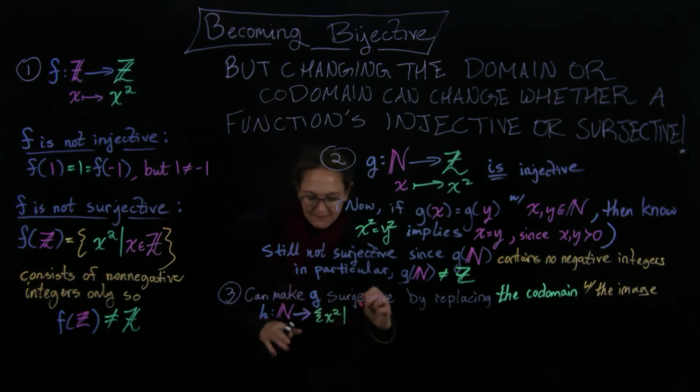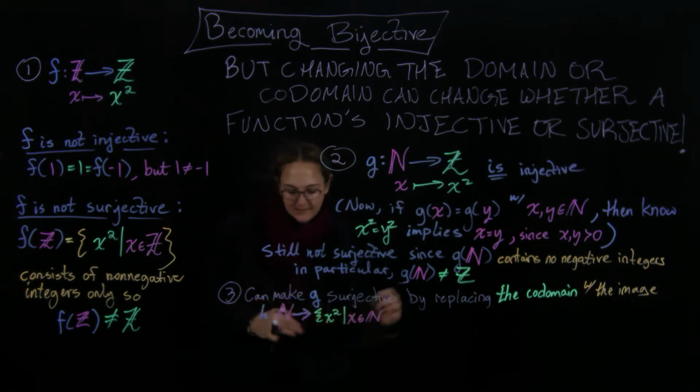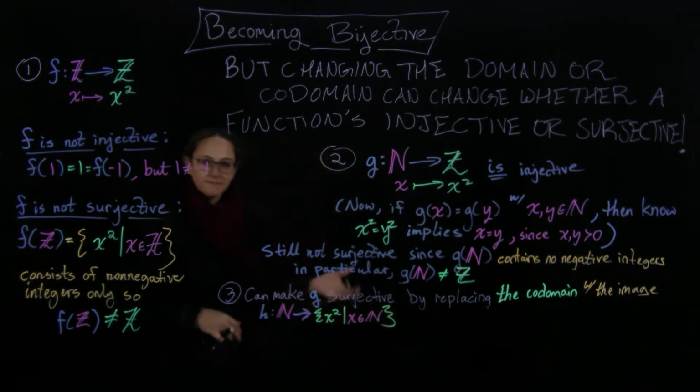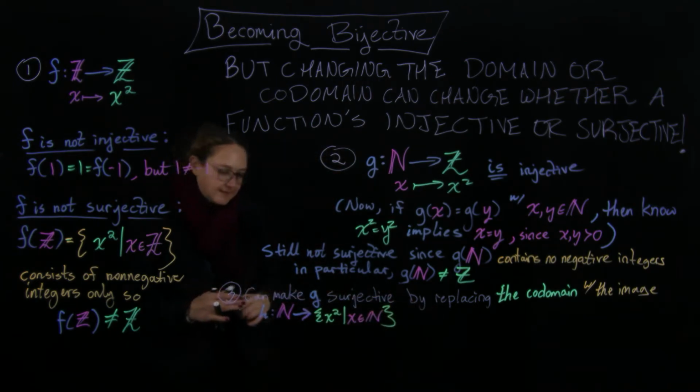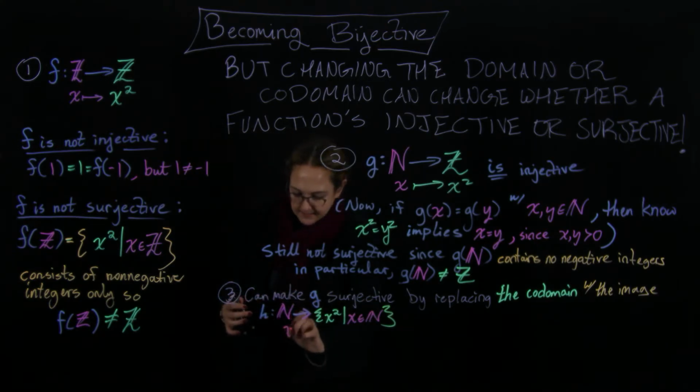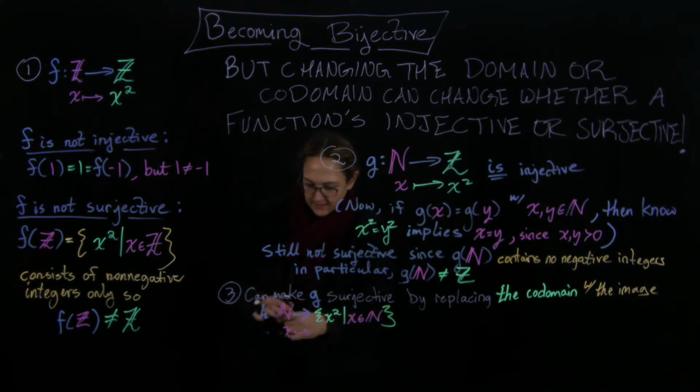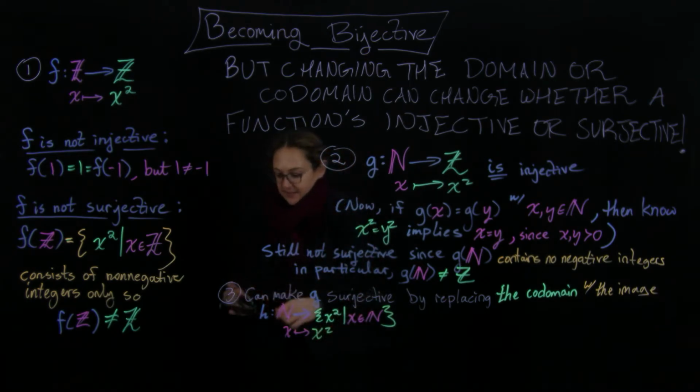Now we're taking all of the outputs that we got from the inputs. And that's it. That works, with the same function, of course. So x goes to x squared. So this is bijective.